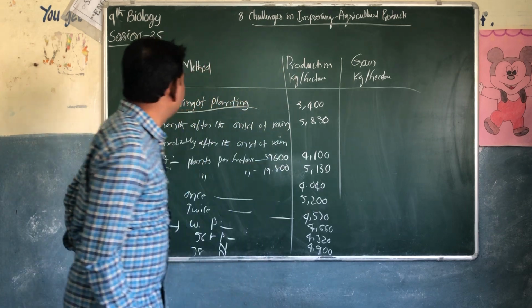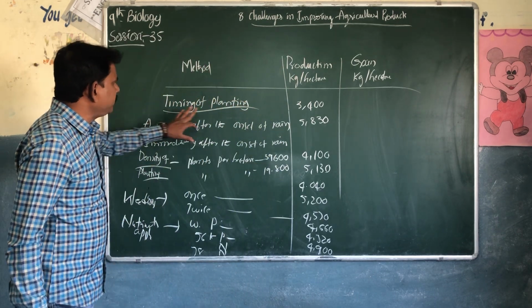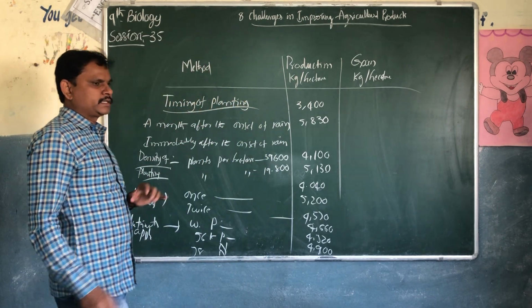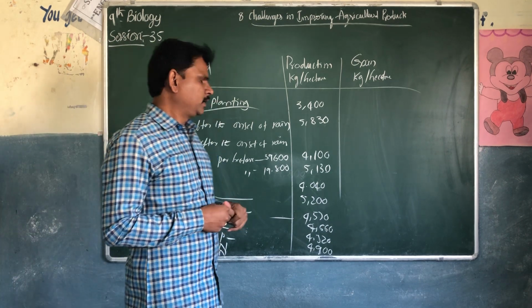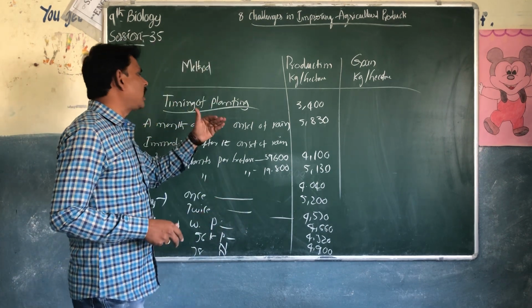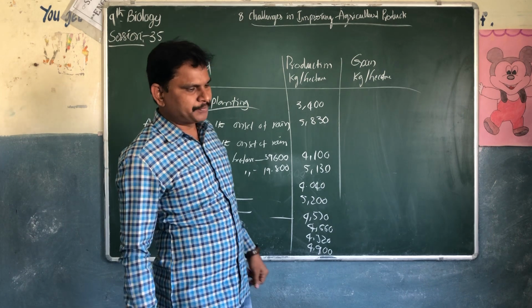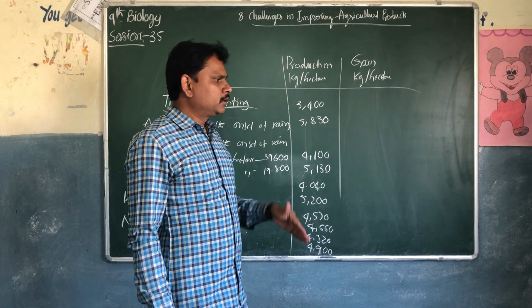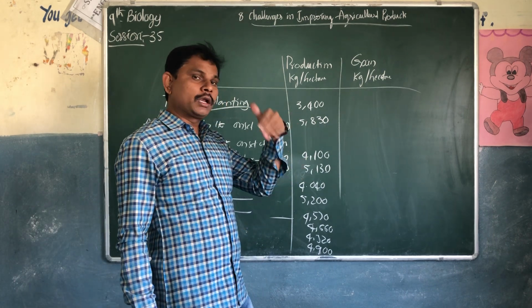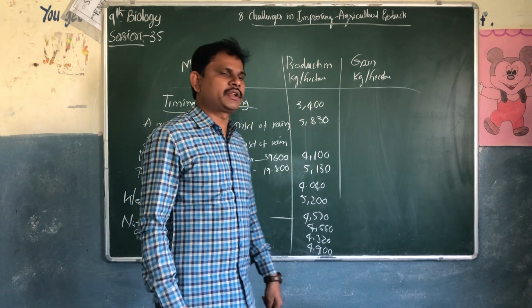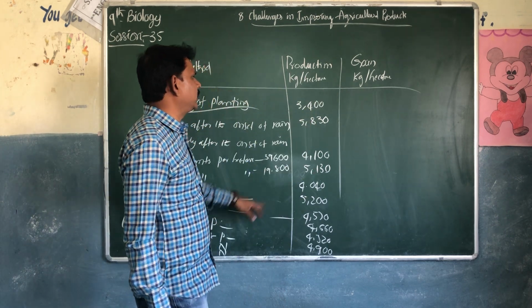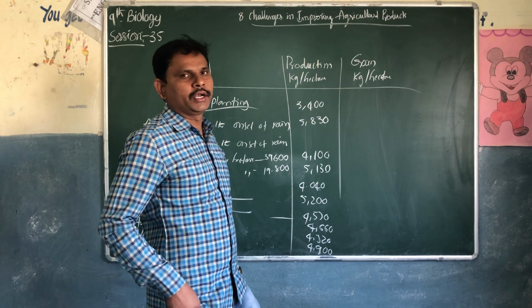So, timing of plantings: the duration, a month after the onset of the rains. Once the rain has come, one farmer sowed the seed 1 month after the onset of the rains. How much production did he get? 3,400.